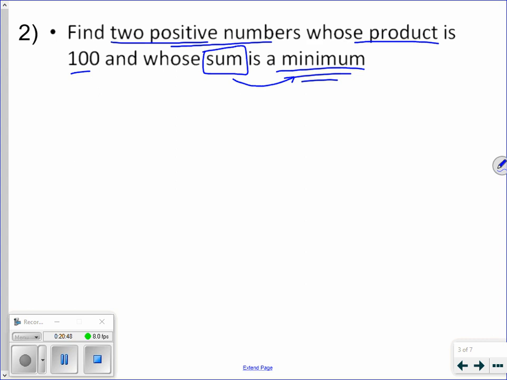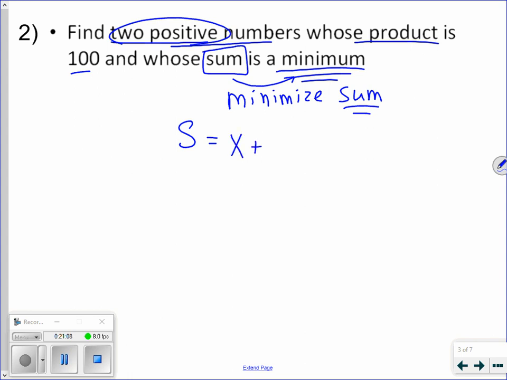So I'm going to write that down. Minimize sum. So we need to create an equation for sum. Sum equals, what's the sum? Well, two positive numbers. A sum of two positive numbers is just x plus y. There we go.